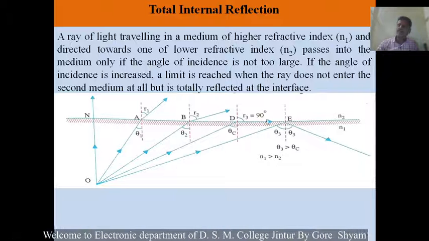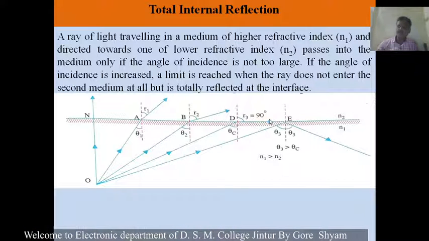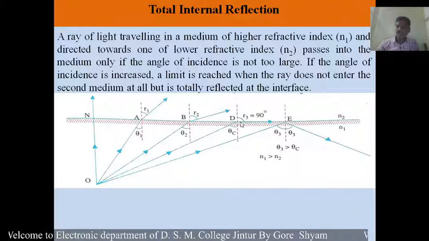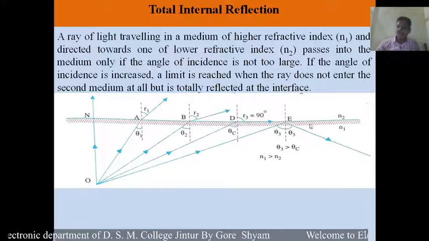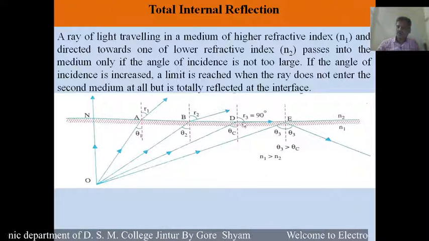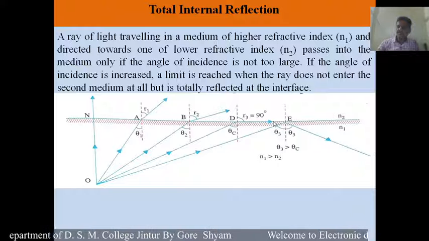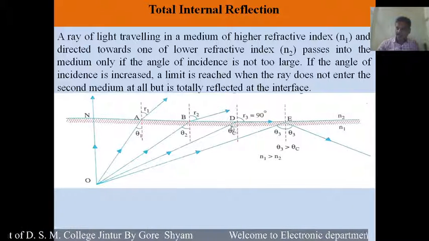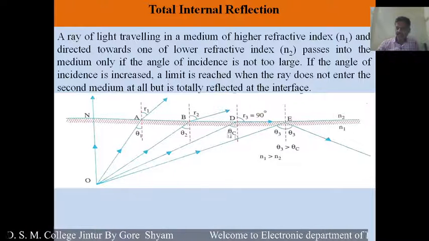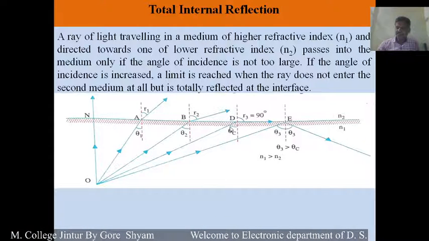Now here the r3 is equal to 90 degrees. The refracted ray is traveling along the interface, and this angle is known as the critical angle, represented by theta c.